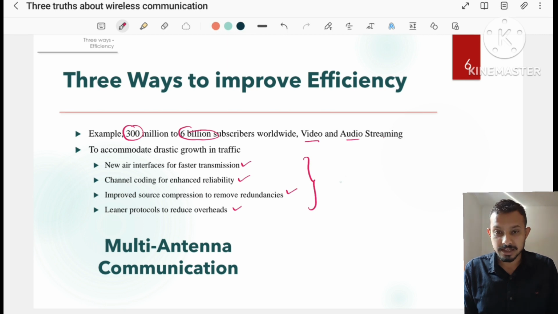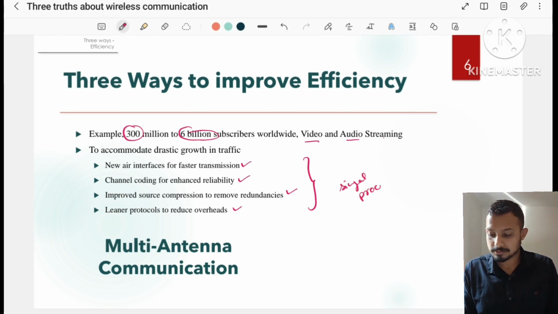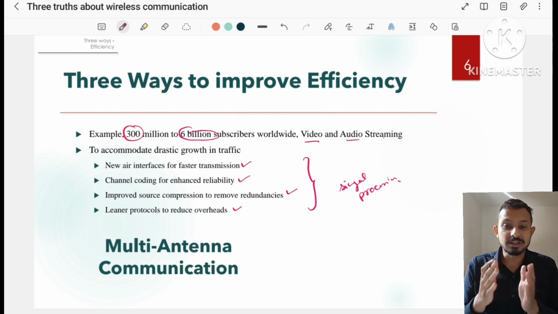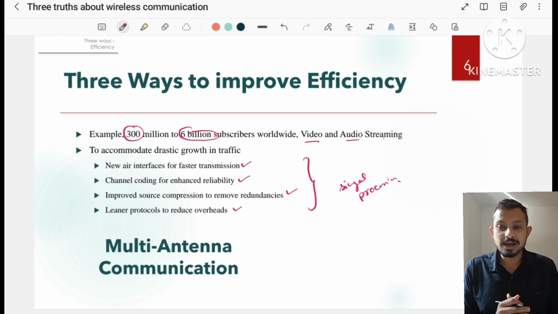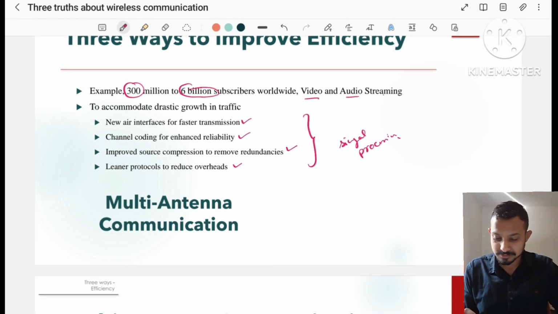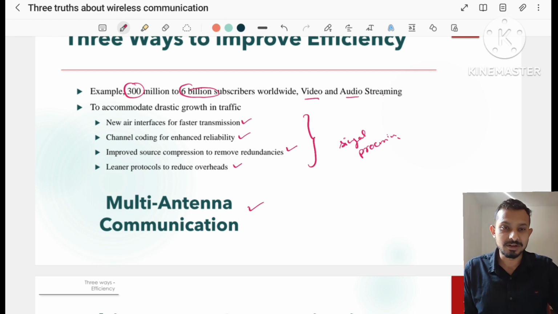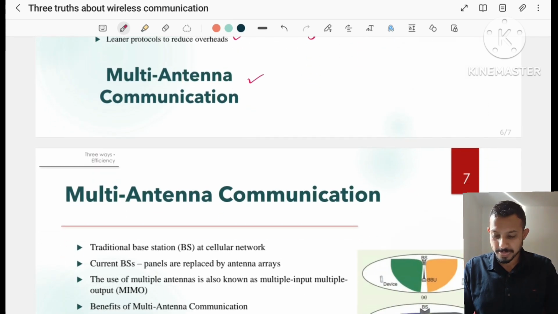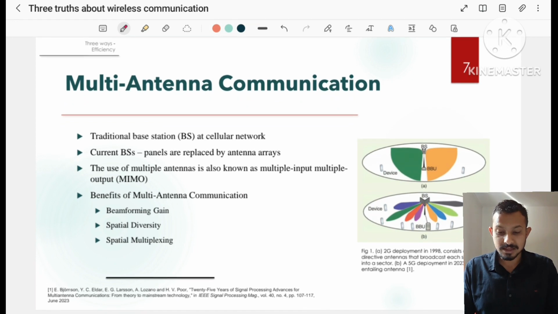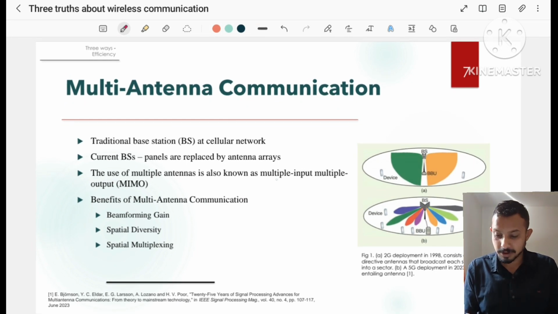And these are the techniques involved in signal processing. But nowhere have these techniques played a much bigger role than in the development of multi-antenna communication. So that is the main aim of studying multiple antenna communication. This is also known as MIMO, multiple input, multiple output.